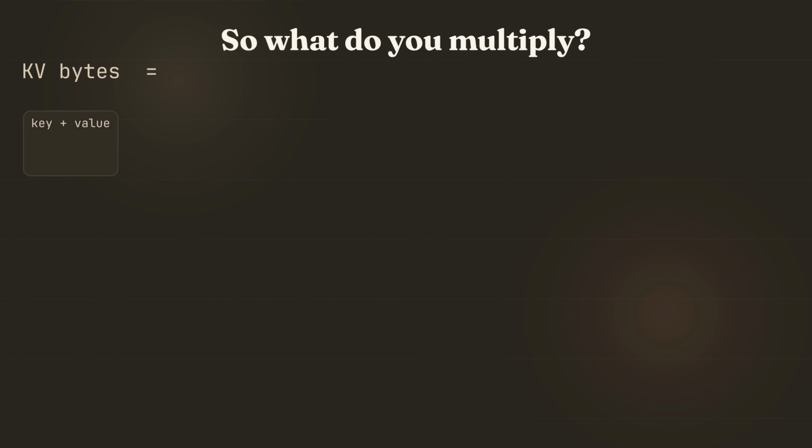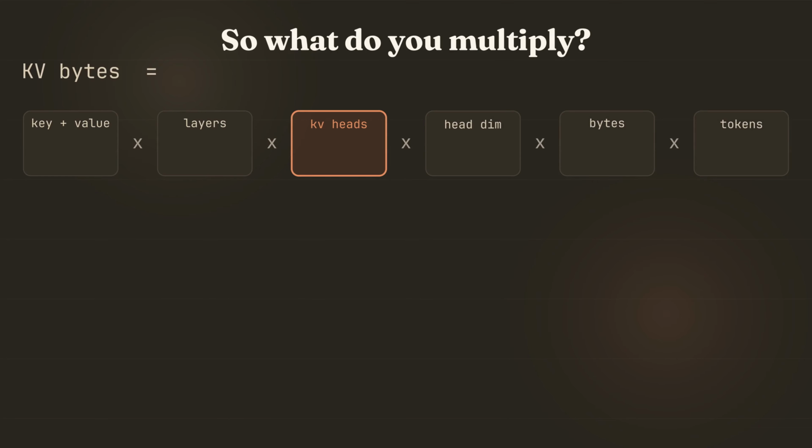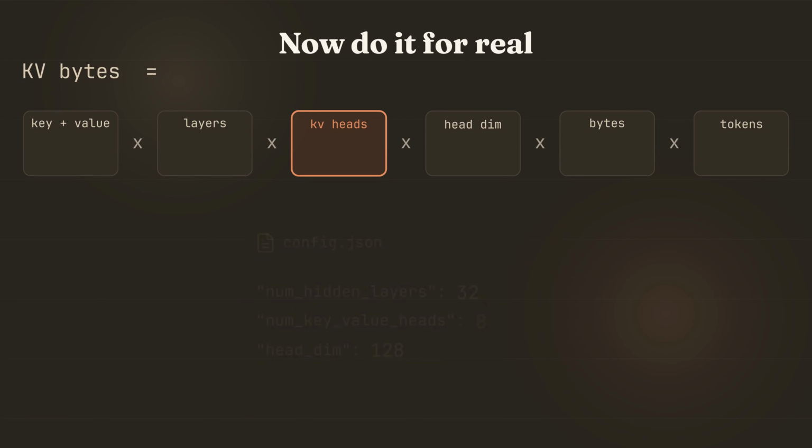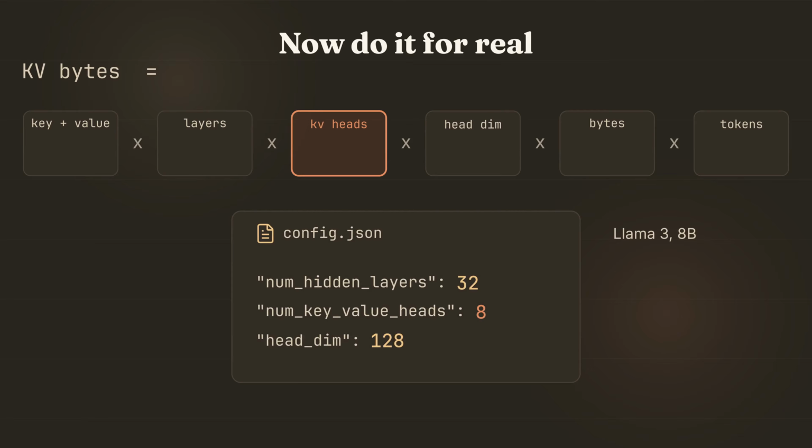2, because you store a key and you store a value. Then the number of layers in your model, and then the number of key and value heads. Then how many numbers wide each head is, and how many bytes each number costs you. And then at the very end, how many tokens you're holding. Let's do it for real on Llama 3's 8 billion model.